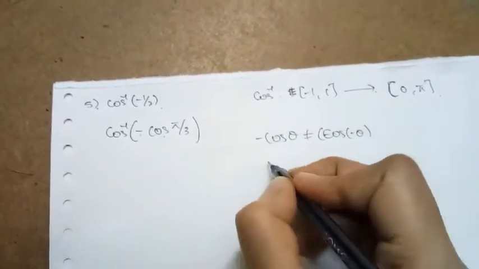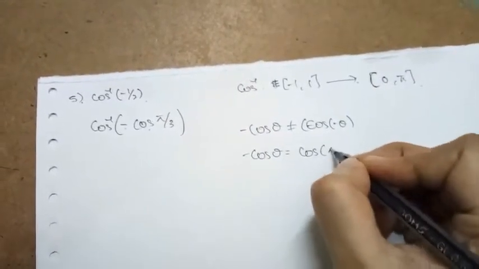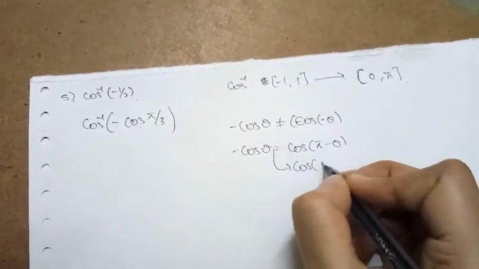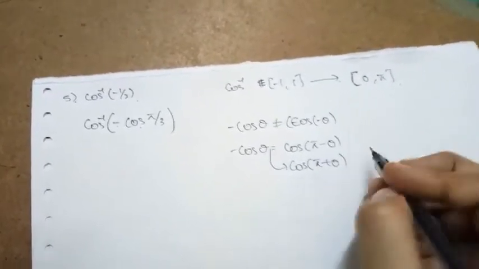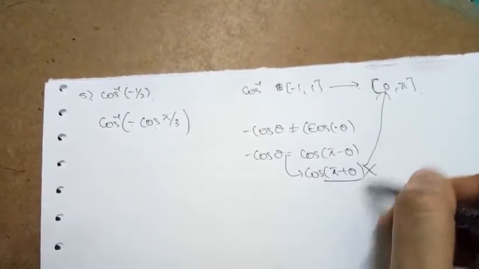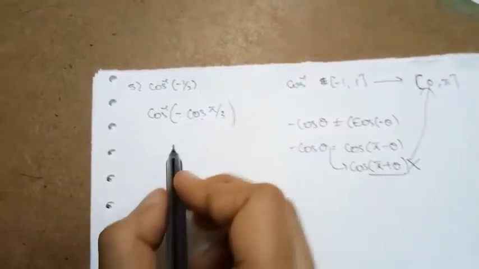So at this time we replace minus cos theta with cos of pi minus theta, and this is also equal to cos of pi plus theta. Clearly pi plus theta does not come under this range, so we are excluding this one. So I am replacing minus cos theta by cos of pi minus theta.